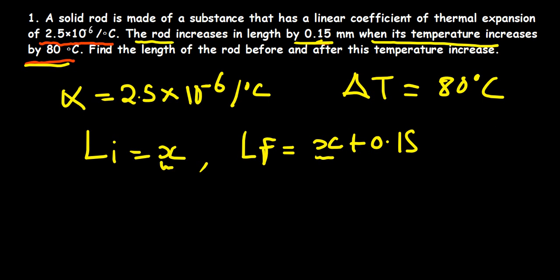Our task is to find this x. We are going to use the formula for linear expansion. The change in length equals alpha multiplied by the initial length, multiplied by the change in temperature.